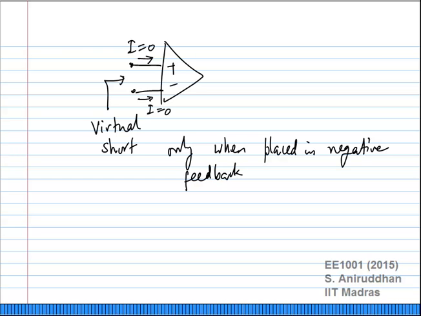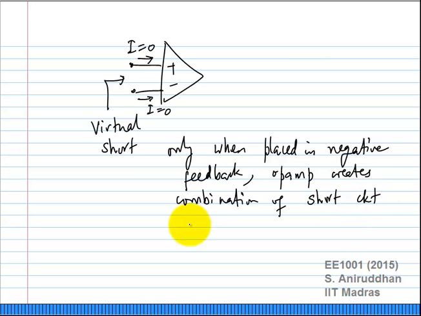So you notice that when an op amp is placed in negative feedback, it generates what looks like both a short circuit and an open circuit between its two terminals. Is that clear? It creates what looks like a combination of a short circuit and an open circuit. This is very important.